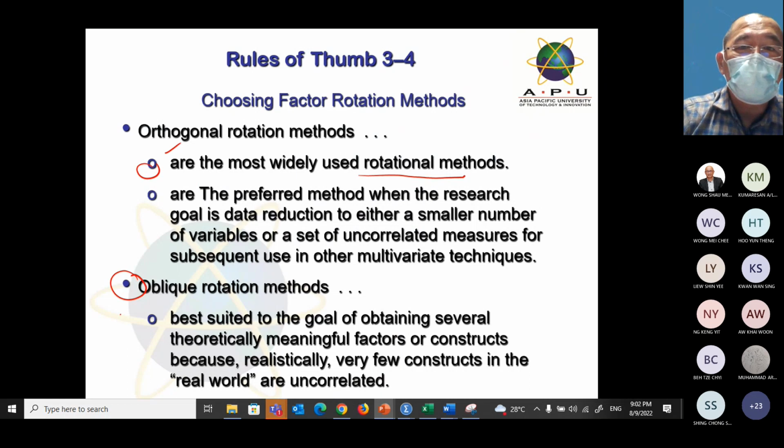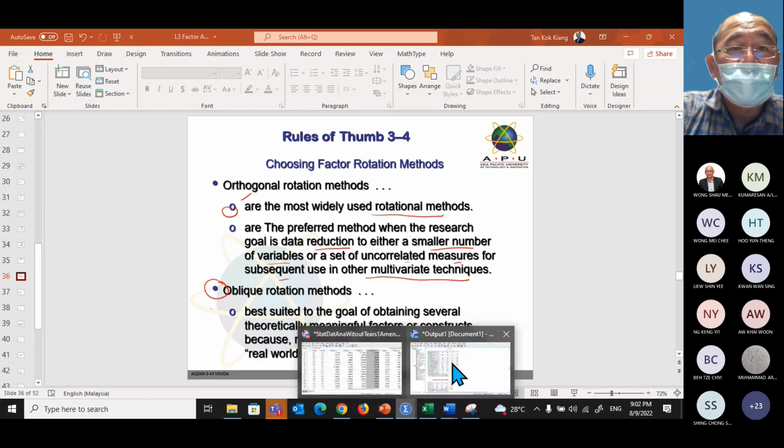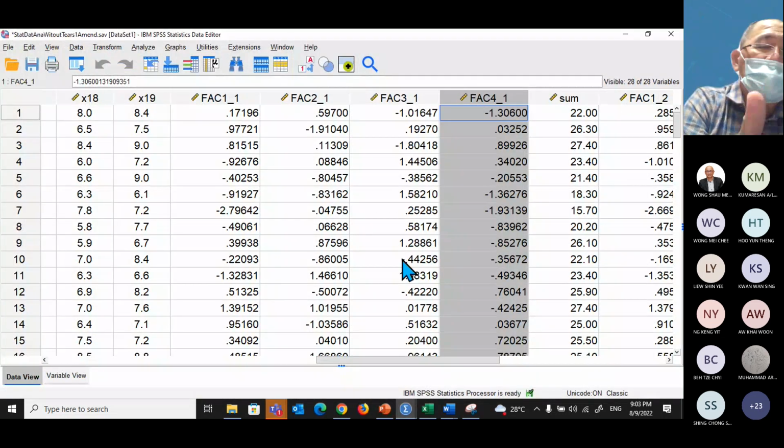So these are the preferred methods when the research goal is data reduction, therefore factor analysis. So we reduce the data. Either you want to find a smaller number of variables, so if from 30 you reduce to 10, you have 10 variables or 10 factors. Or a set of uncorrelated measures for subsequent use in other multivariate techniques. Also, we can get the factor scores here. You can see 4 factors, and for each factor we got their values.